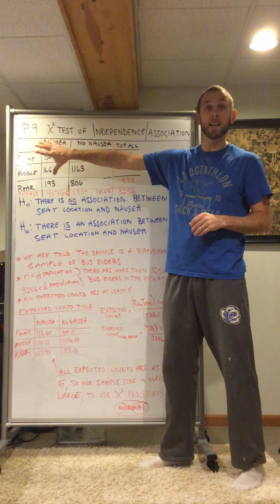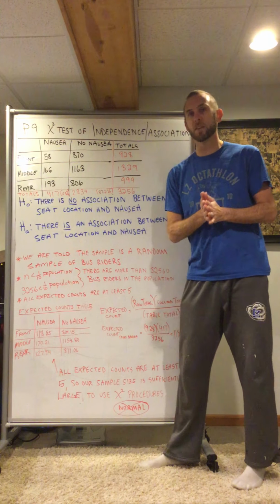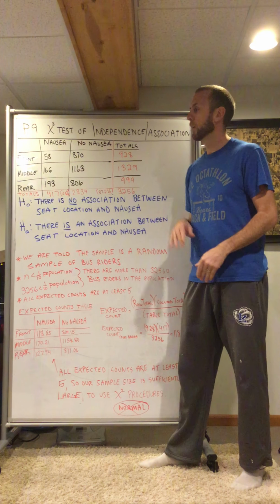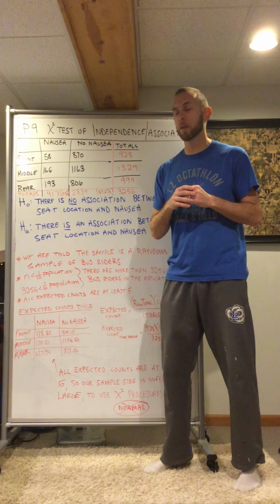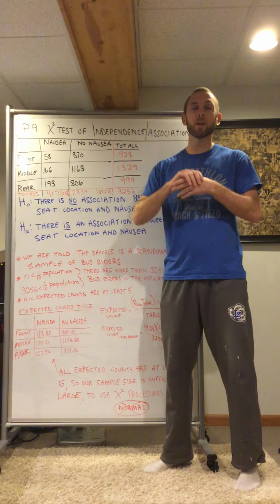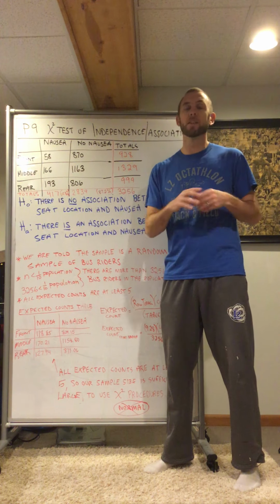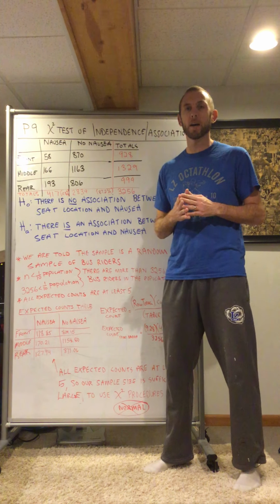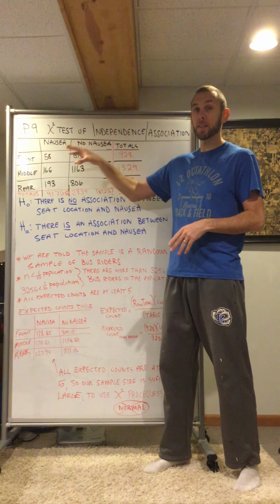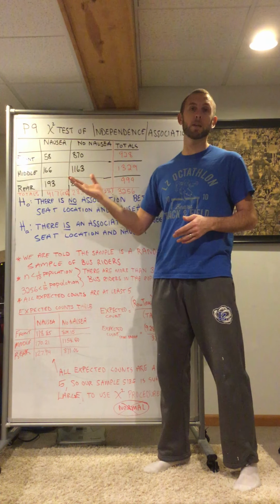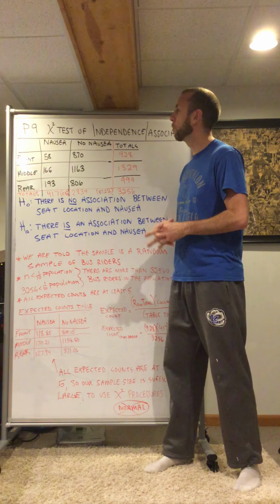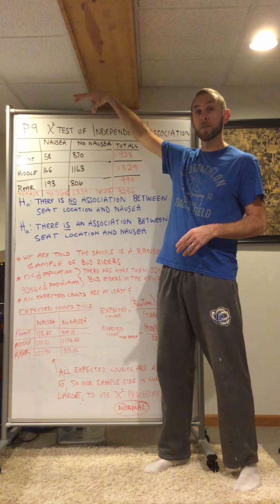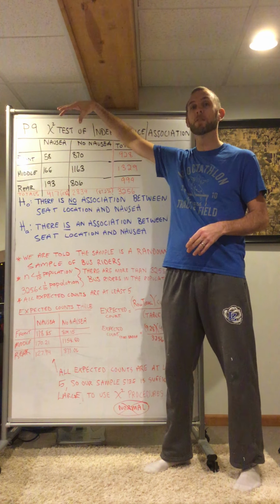Also notice how the data is fundamentally different than a goodness of fit test. When we did a goodness of fit test, we had one row of data or one column of data, and we were testing how well that data fits a known or hypothesized distribution. In this case, we have a two-way table, and if you recall from first quarter, a two-way table was used when you have two categorical variables.